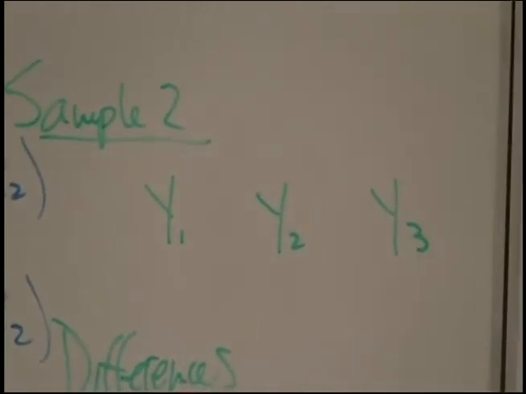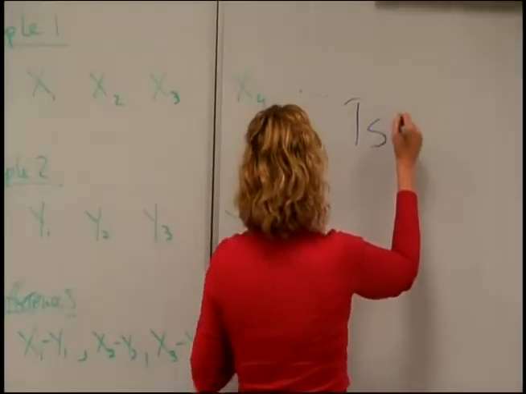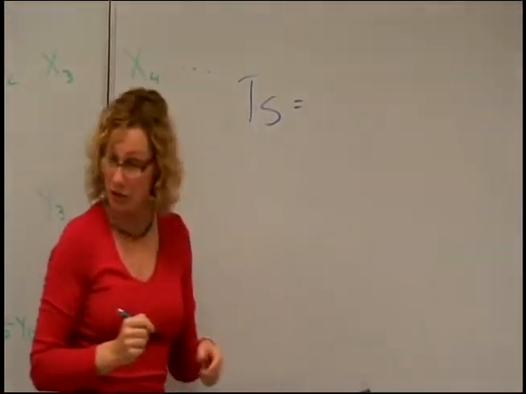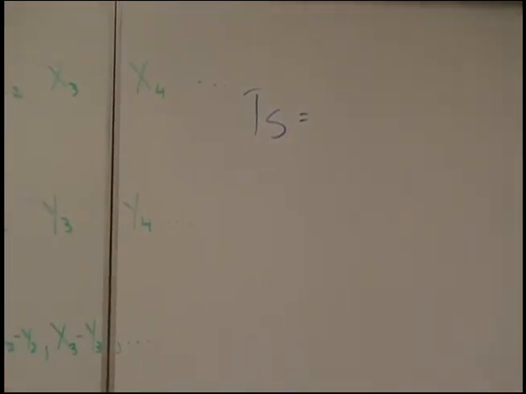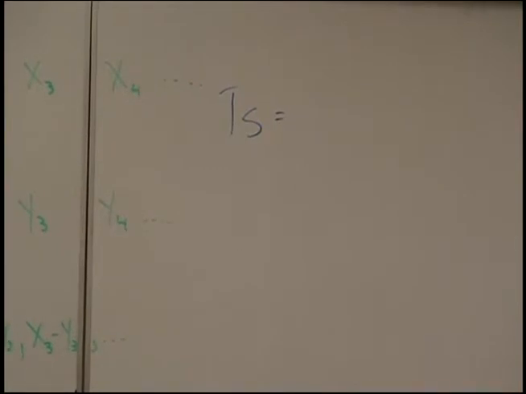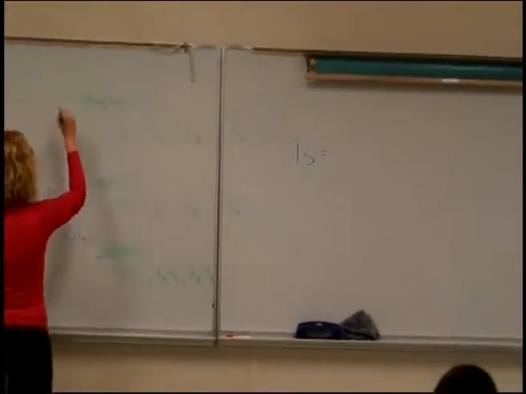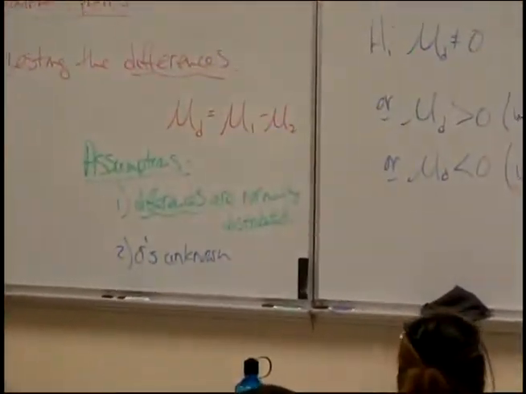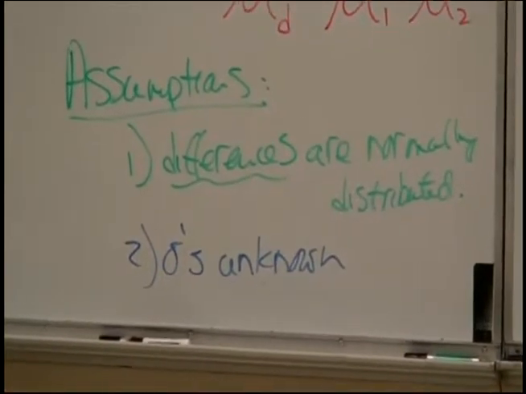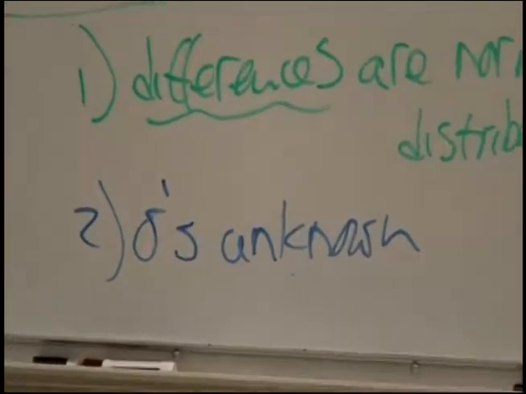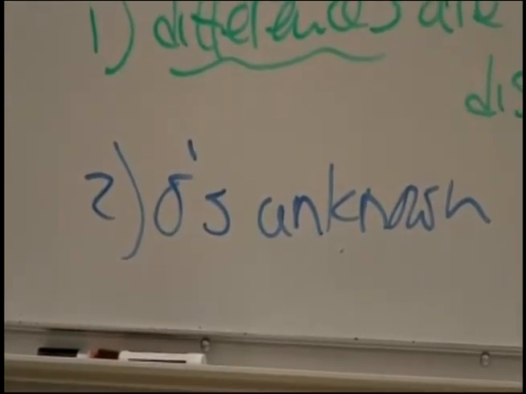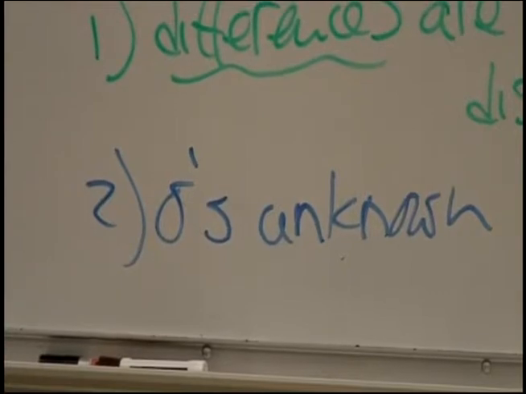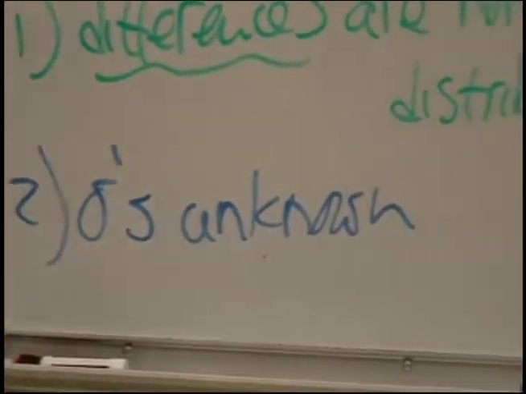Test statistic. The test statistic is a t-value. So the differences follow the t-distribution, because we assume that neither standard deviation is known, which is usually the case. Even if we knew the standard deviations of the populations, I think it would still fall under a t-distribution, because again, your data is not sample 1 or sample 2, it's those differences.